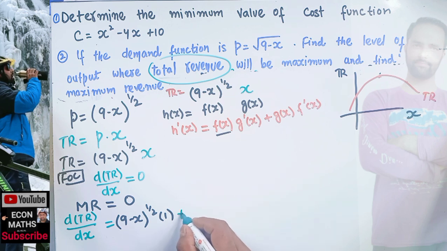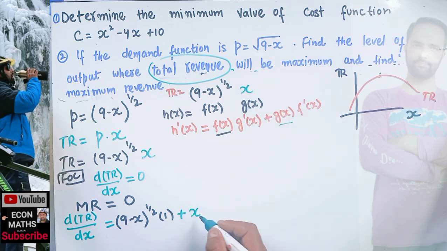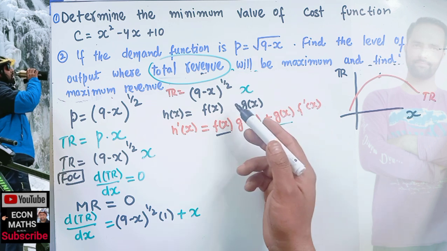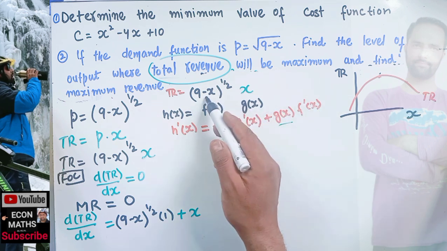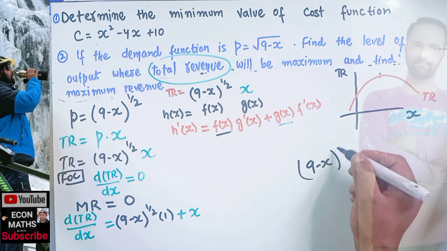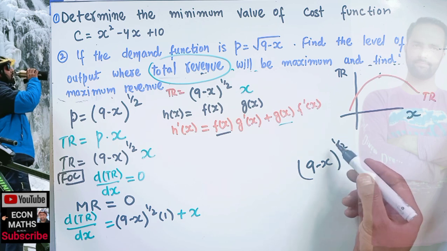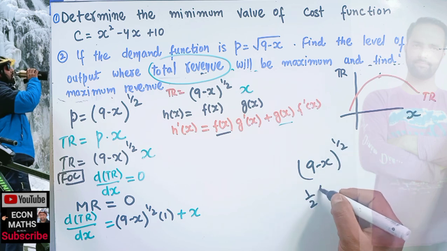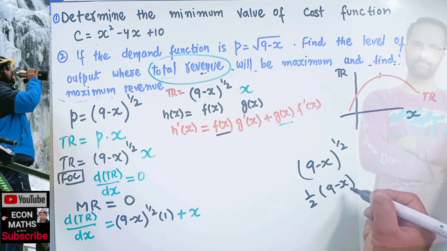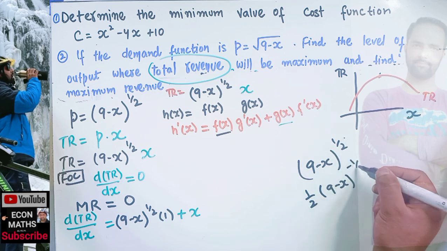Then we write plus the second function as it is, x. Then we take the derivative of the first function, f dash x. We have 9 minus x raised to the power 1 upon 2. Its derivative, by the power function rule, is that the exponent becomes the coefficient: 1 upon 2 times 9 minus x, and the exponent is reduced by 1, so 1 upon 2 minus 1 becomes minus 1 upon 2.